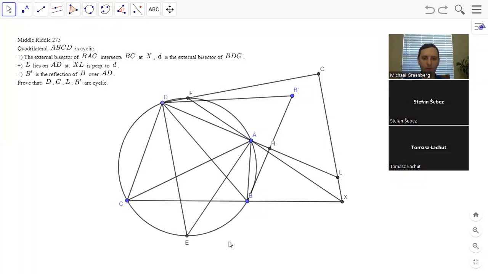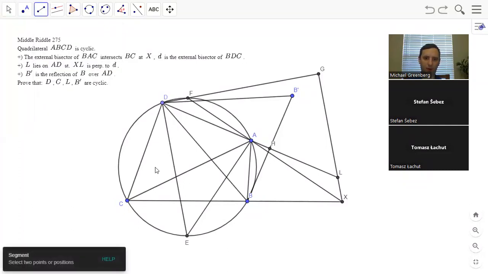All right. So yeah, XG is parallel to DE. And we have two right angles. So yeah, this is a right angle, this is a right angle. What would be a good way to show that it's cyclic? Let's see, we could try power of a point.